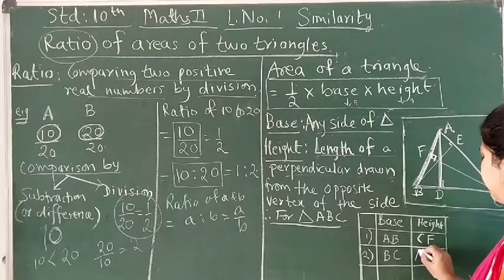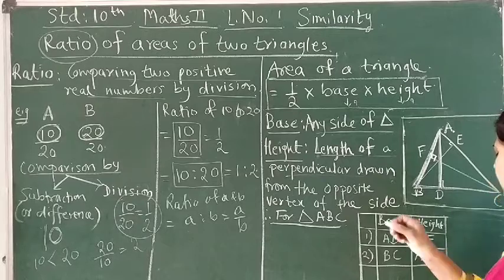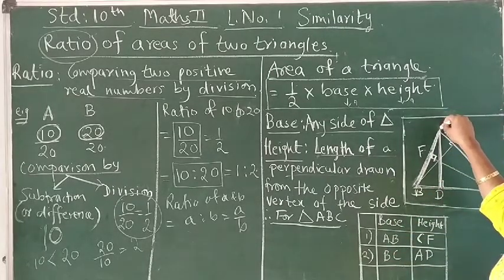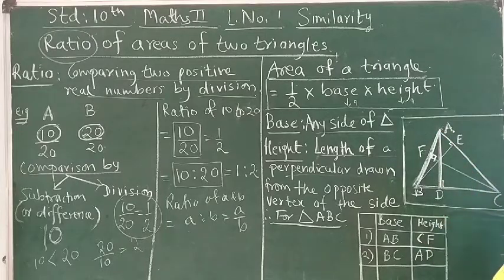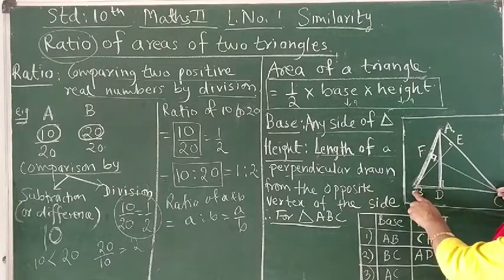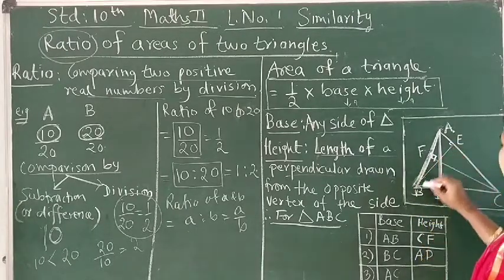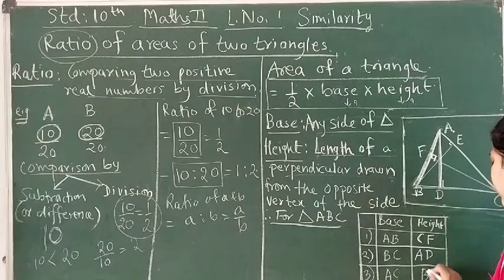So if your base is BC, then the height should always be the perpendicular drawn from its opposite vertex, that is AD. And if you want to take AC as a base, then what is the height? Its opposite vertex is B, and the perpendicular drawn from there is BE. Then BE is going to be the height of the triangle.